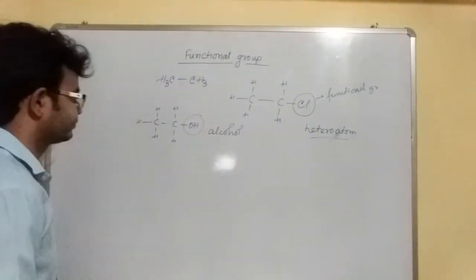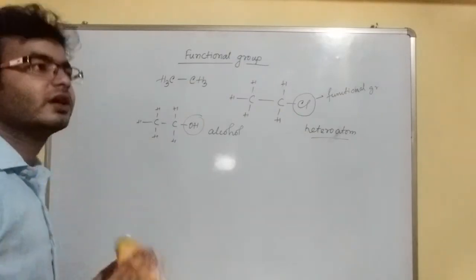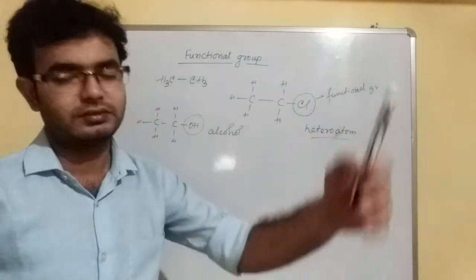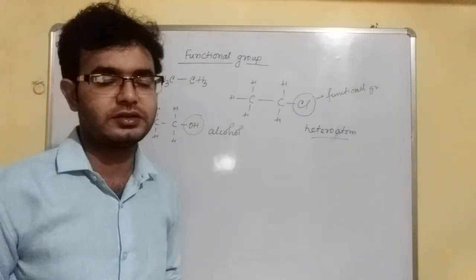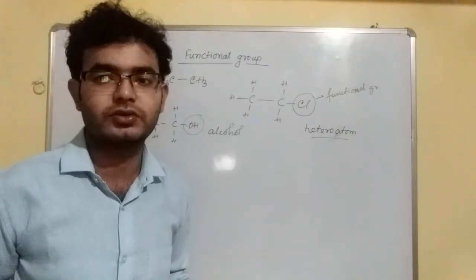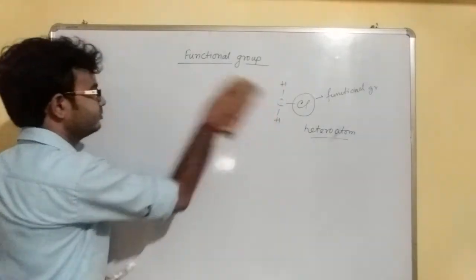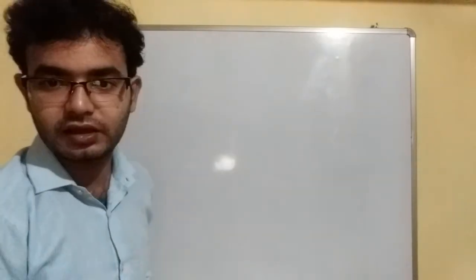Clear? So I am just giving you the general idea about the functional group here. In the next classes we will discuss it in detail. So remember this one. Let us proceed towards the ray diagram.